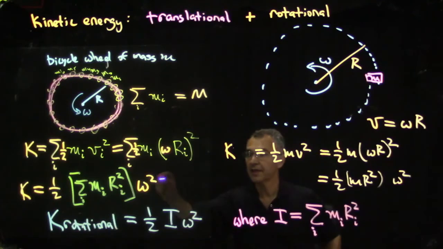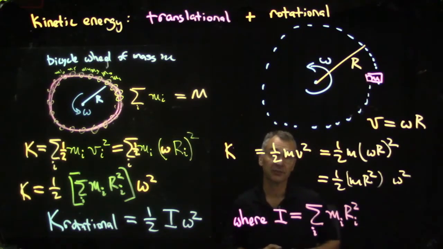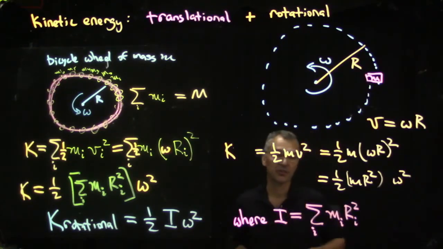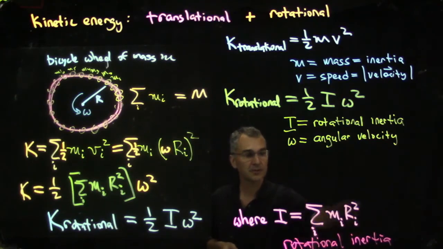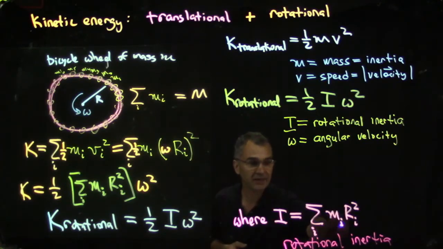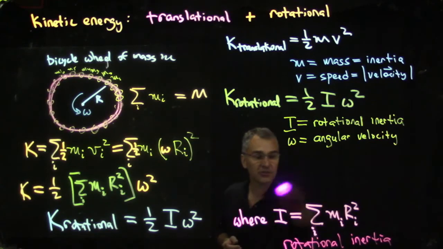Rotational kinetic energy is 1/2 I omega squared, where I is called rotational inertia, and it's the sum over all of the little constituent pieces of an extended rigid body, a solid object which is rotating, of the mass of each little chunk times the square of the distance of that little chunk from the axis of rotation. This is called the rotational inertia.